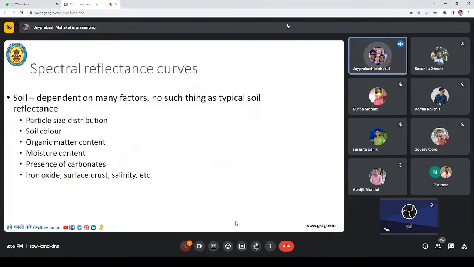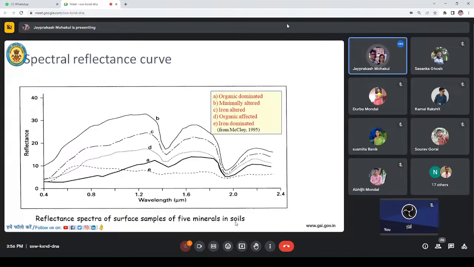So the spectral reflectance curve of soil is dependent on many factors; there is no such thing as a typical soil reflectance. It depends upon the particle size distribution, soil color, organic matter content, moisture content, presence of carbonate, iron oxide, surface crust, salinity. So these are some of the idealized reflectance curves of five minerals in soil.